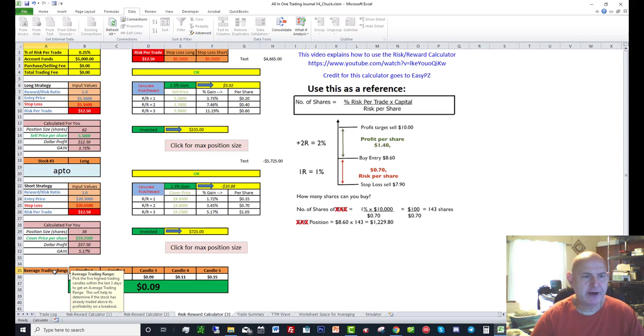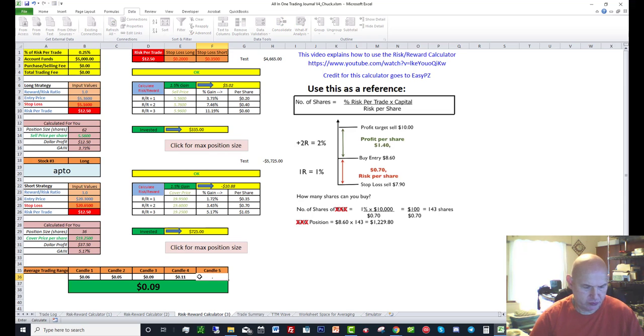I've also added in an average trading range section. Pick the 5 highest trading candles within the last 3 days to get an average trading range. This will help you to determine if the stock has already traded above its profitability on a breakout. In other words, to use this, you put in the amount of 5 of the candles.